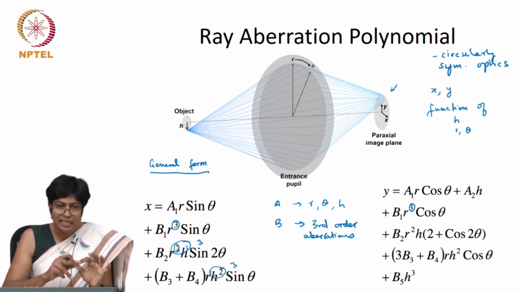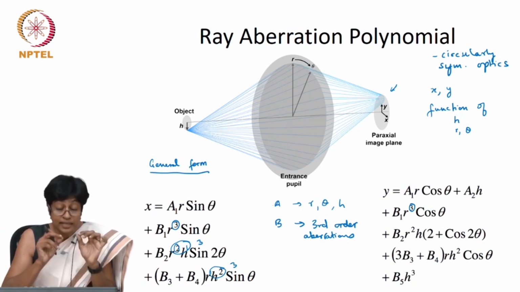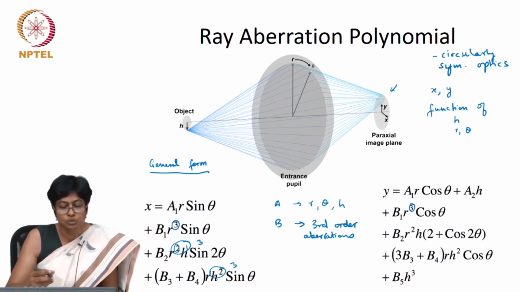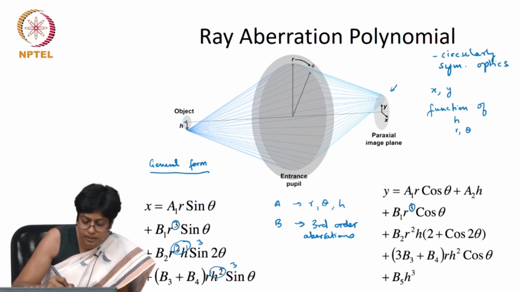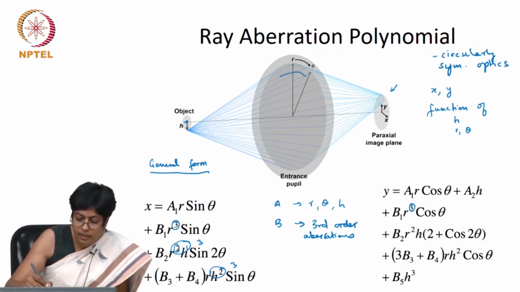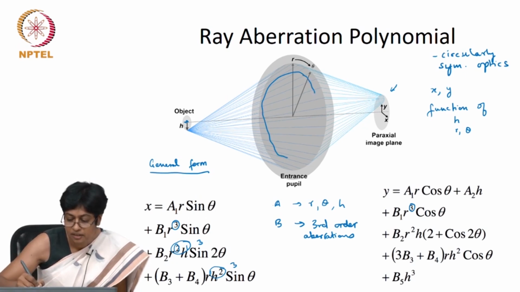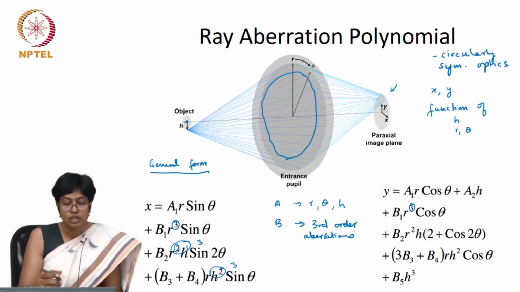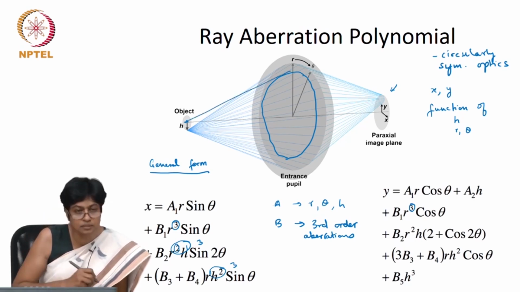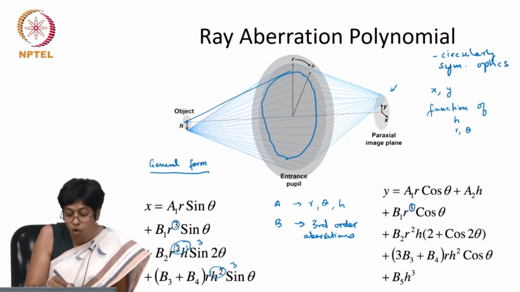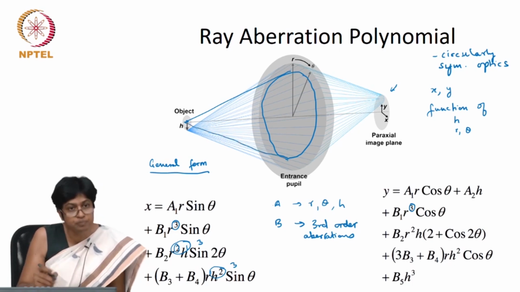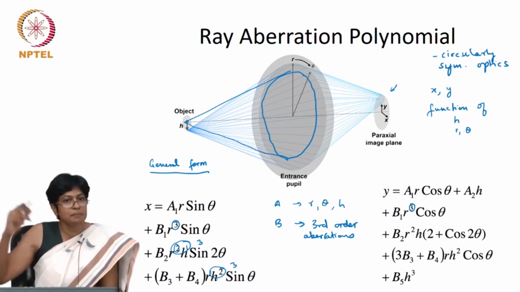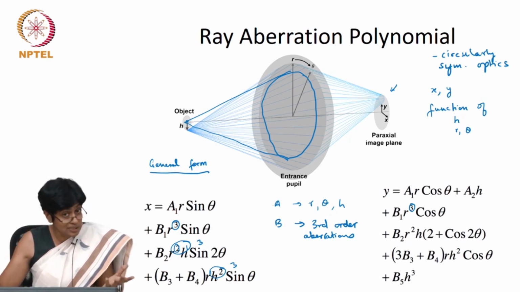Any ray coming from an axial object point and traveling through any region in one annulus, since this is circularly symmetric, any ray that goes either to this part of the lens or the same annulus but a different part of the lens, all those rays you know will image at the same point, because it's symmetric.